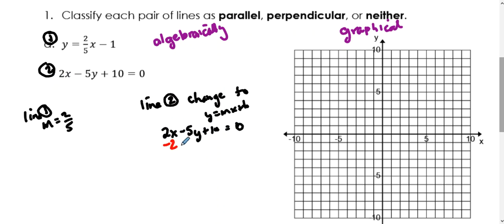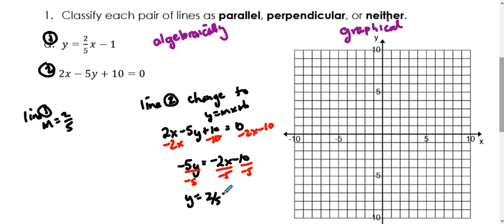I'm going to subtract 2x and subtract 10, which leaves me with negative 5y equals negative 2x minus 10. Then I can divide both sides by negative 5. Now my second equation is y equals 2 over 5x plus 2.